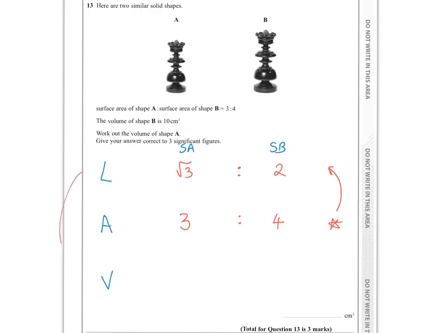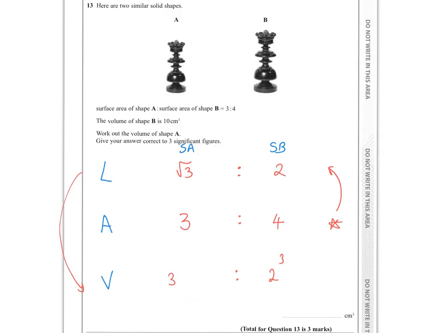And then we can move to the volume from the length by cubing. So that's going to give root 3 cubed to 2 cubed. And we can simplify that a bit. That's root 3 times root 3 times root 3, which is 3 root 3. So I can make that a bit easier.